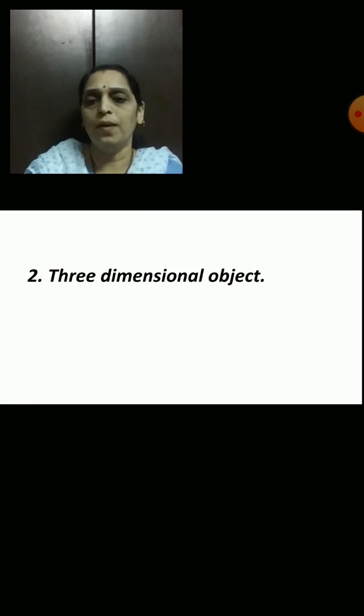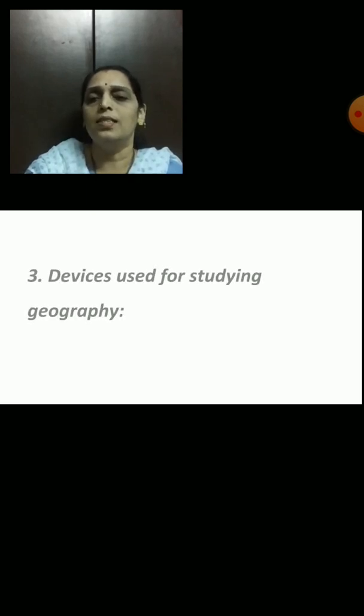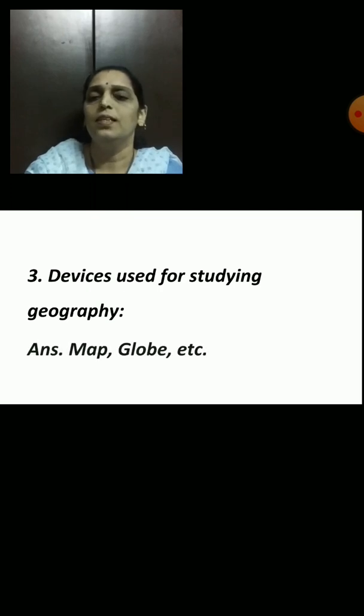Yes, come on fast. Recollect and give the answer. The moon or duster. Very good. Next, a device used for studying geography. And the answer is map, globe. Very good. We have seen the comparison of map and globe.